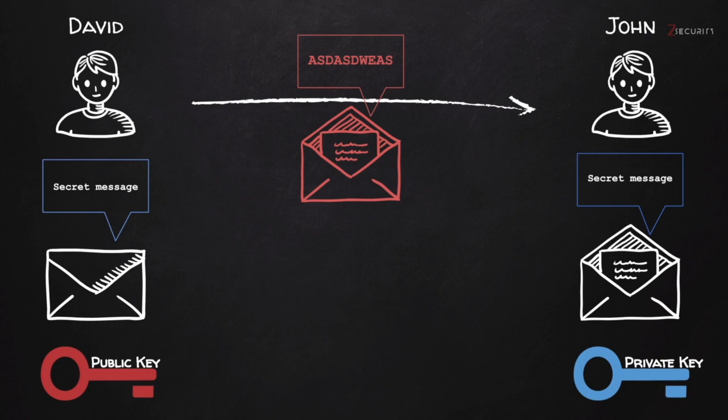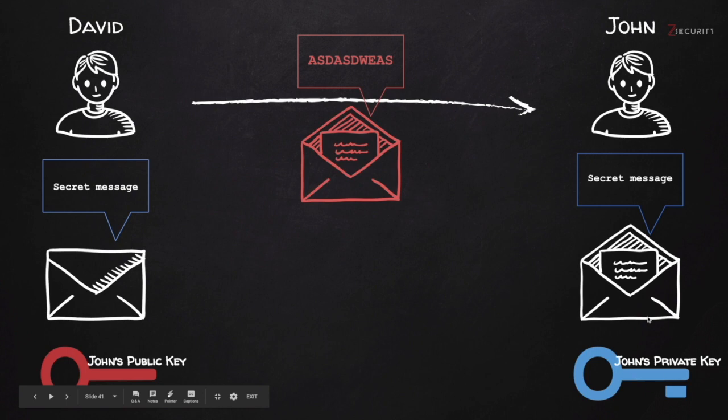So by the end of the communication, David is going to have John's public key and John is going to keep his private key. Therefore, now David can always send messages to John and John will always be able to decrypt them using his own private key.